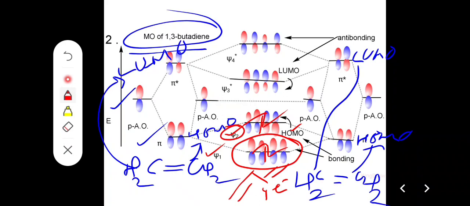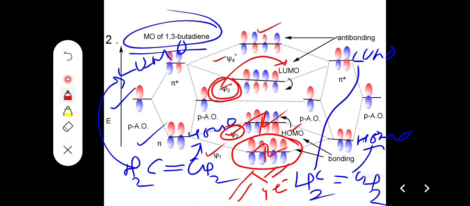Next we consider Psi3 star and Psi4 star. They correspond to antibonding molecular orbitals. The star on top of the sign gives the idea that they are antibonding molecular orbitals. Now Psi3 star will be the LUMO, because this is the lowest unoccupied molecular orbital.